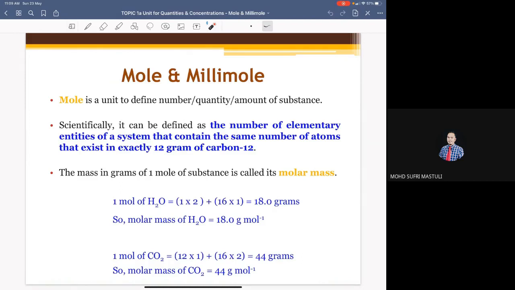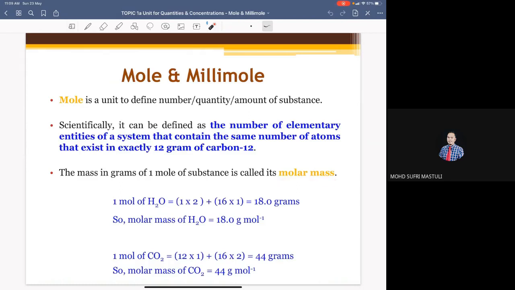Scientifically, it can be defined as the number of elementary entities of a system that contain the same number of atoms that exist in exactly 12 grams of carbon 12. So the mass in grams of 1 mole of substance, we call it molar mass.